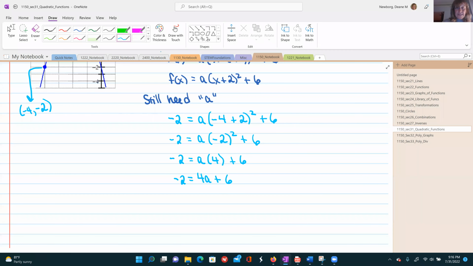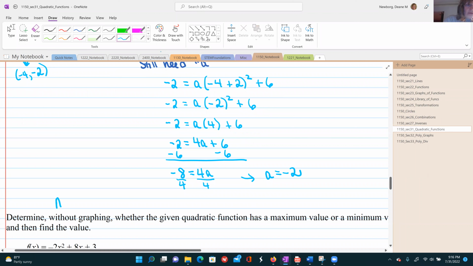Now I'm going to have to subtract 6 from both sides. I'm trying to solve for a. So -2 minus 6 is -8 equals 4a. And then divide both sides by 4, and you get a equals -2. So the answer is f of x equals -2 times (x plus 2) squared plus 6.